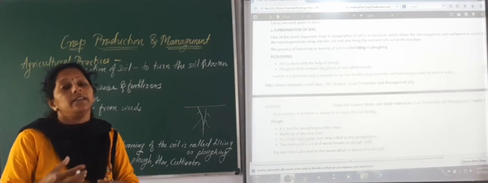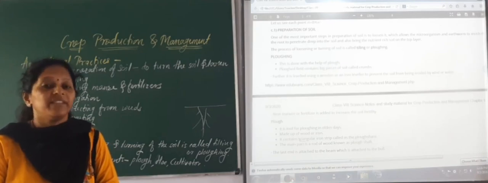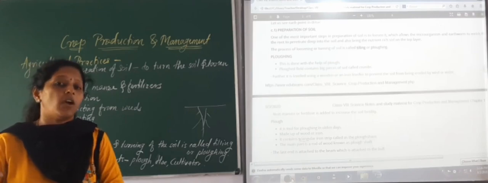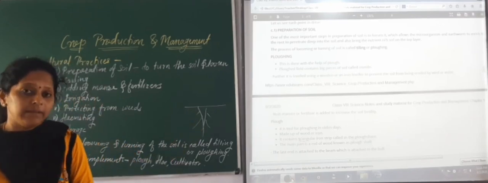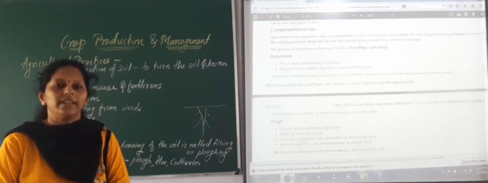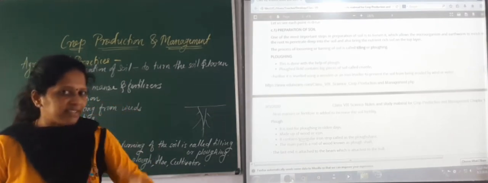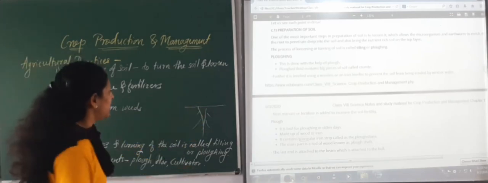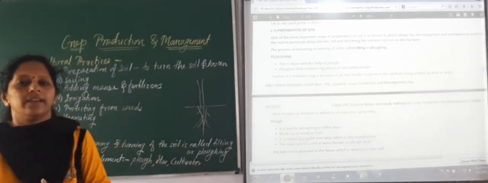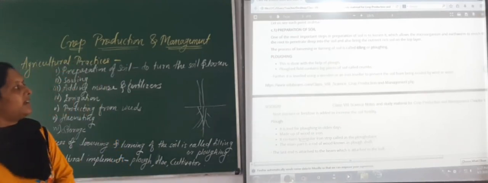Because of the decomposing of that dead and decaying matter, soil enriching takes place. The soil gets nutrients, which means recycling of the nutrients takes place. These nutrients mixed in the soil are again taken up by the roots of the plants, so there is a recycling of nutrients. That is how they enrich the soil.